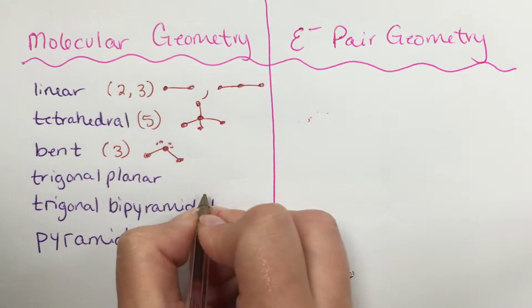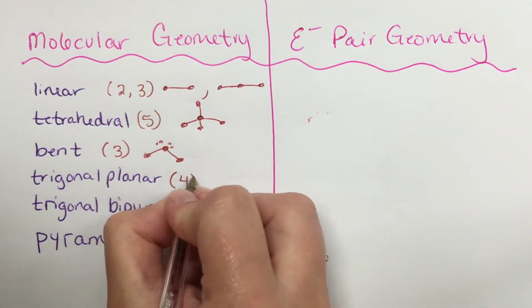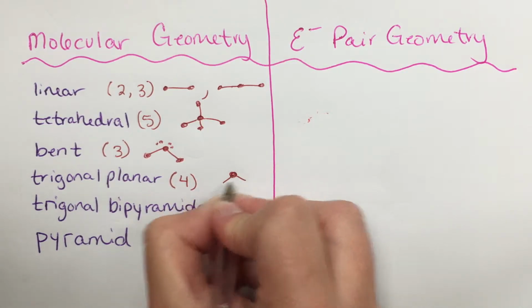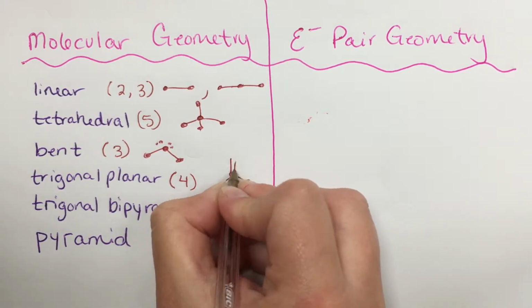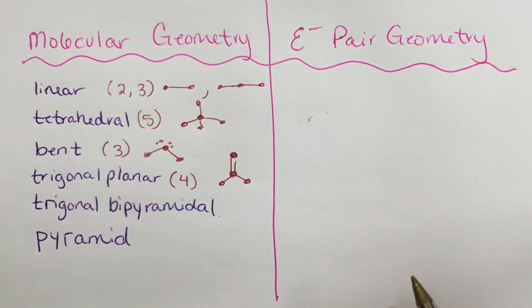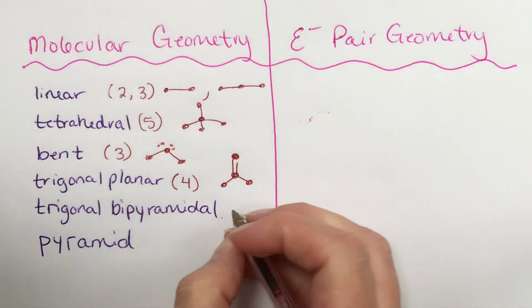And this has 2 lone pairs of electrons. Trigonal planar is with 4 atoms, and you have a central atom with no lone pairs, and then 2 atoms sticking off of it here, and then a double bond up here, usually with oxygen, but it could be with sulfur or selenium, depending on what I throw in the test question, but usually it's oxygen.